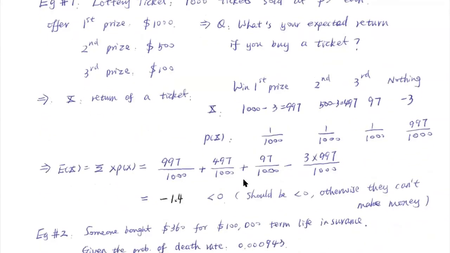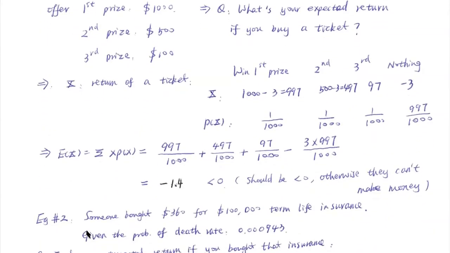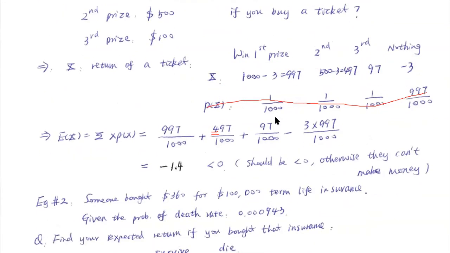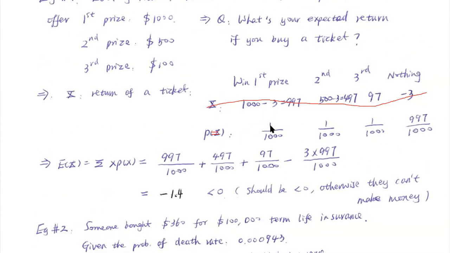So that is what we call the possible values of X. Now, that's the one we just learned, this row here. And we are trying to get one more row here, which is the corresponding probability. So what's the probability for us to win the first prize? The probability is something divided by something.